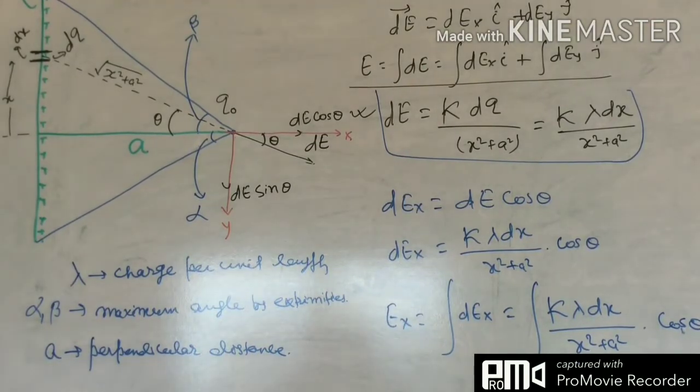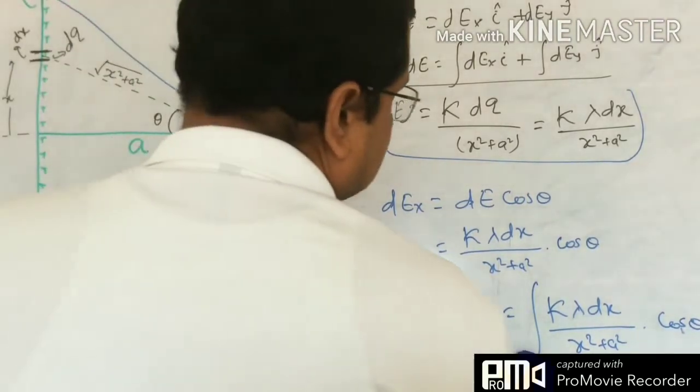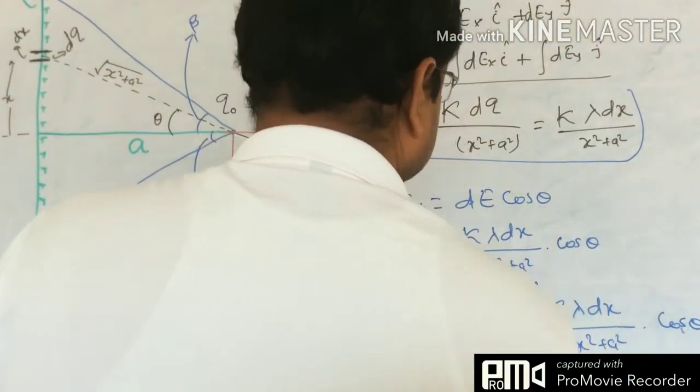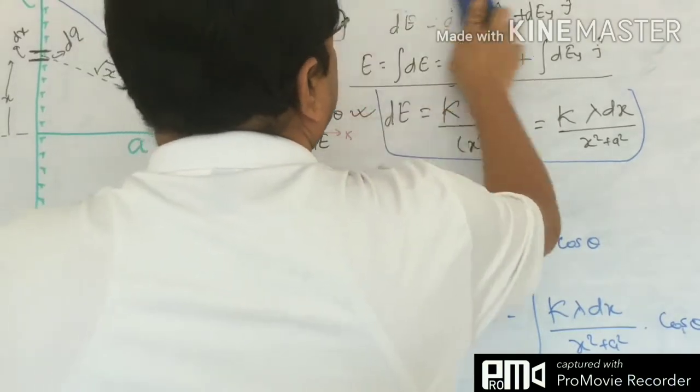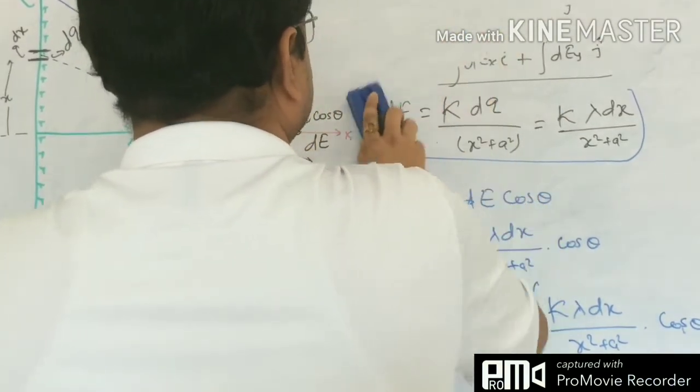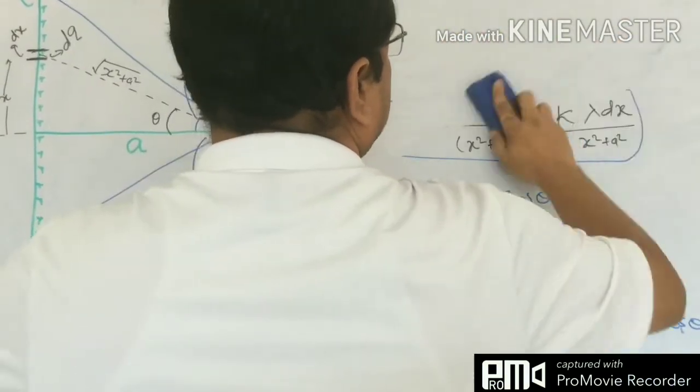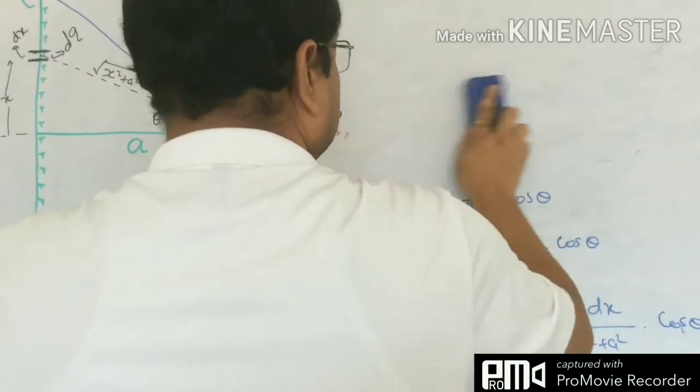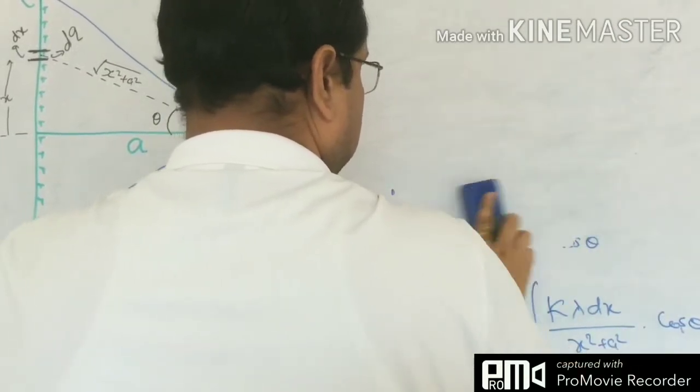Now write it down. We can see something more. So dEx, here we have written it, and now I am removing it from here because we have less space on the board.